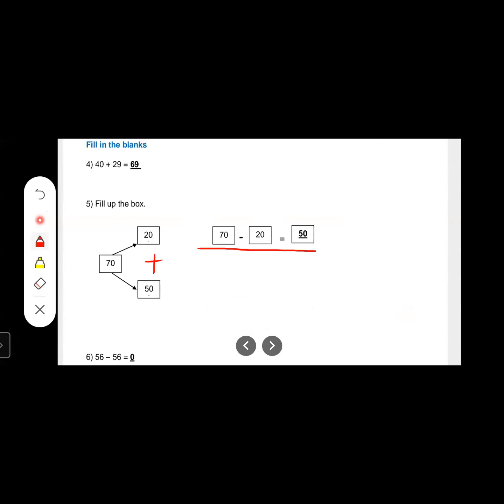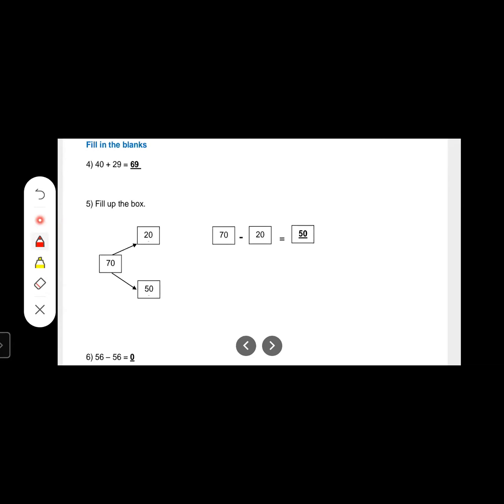Then one subtraction form is written. Can you see? Now to make subtraction form, subtraction sum, what we have to do? We have to take the bigger number first.